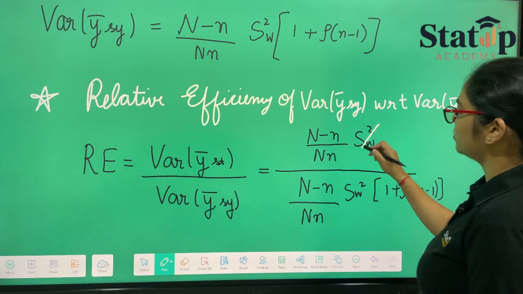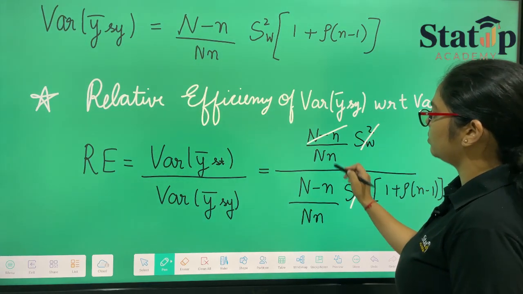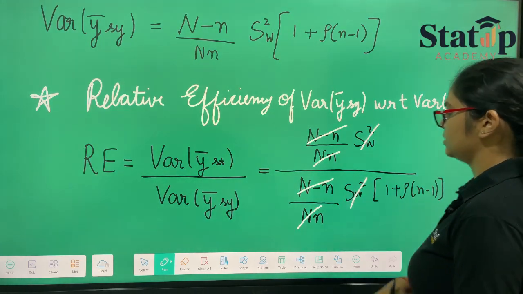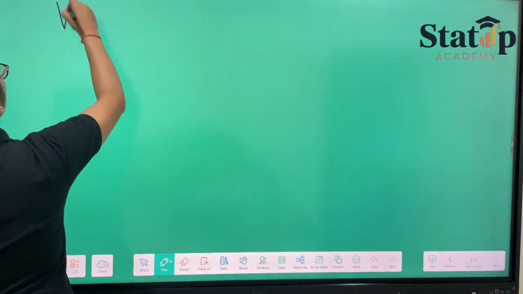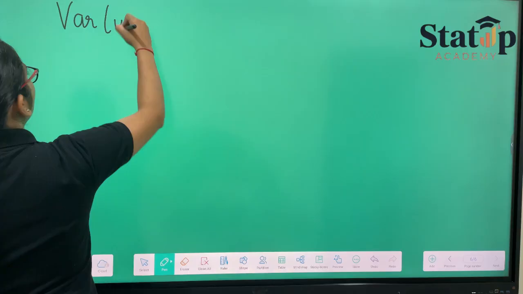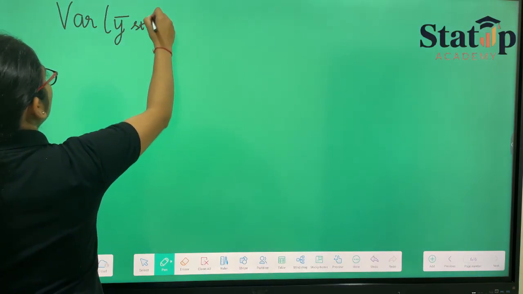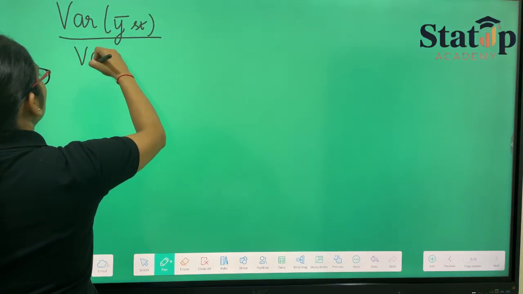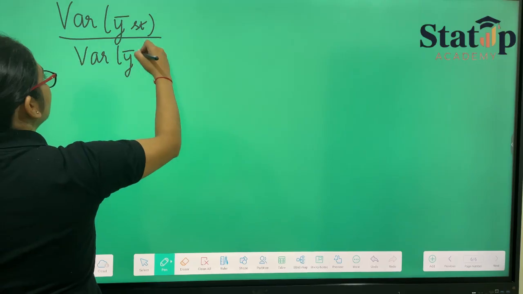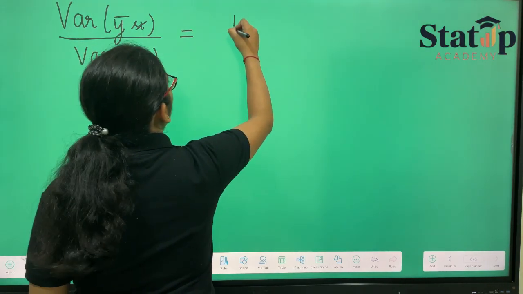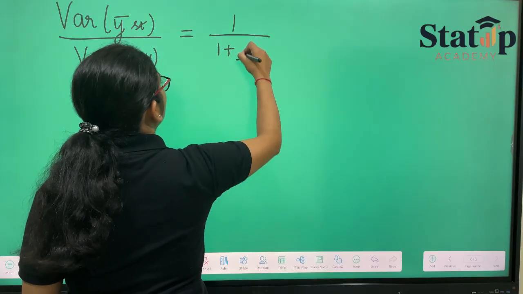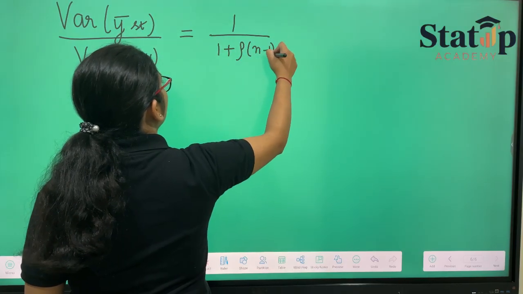So this whole term, S square, capital N minus n and n, gets cancelled, and we are left with variance of y bar stratified upon variance of y bar systematic equals 1 upon 1 plus rho into (n minus 1).